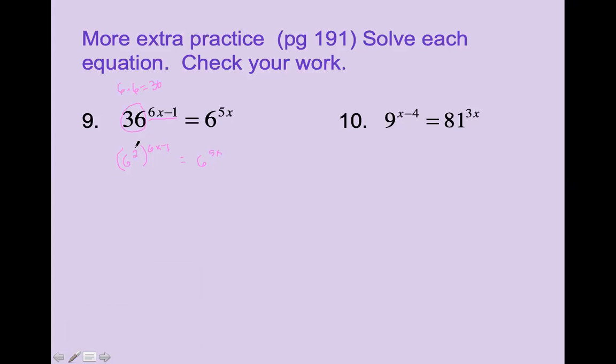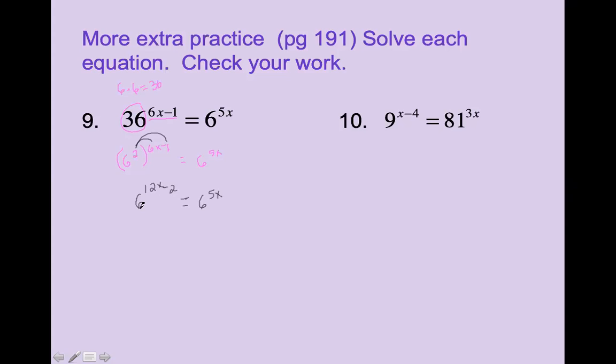So I'm going to multiply 2 times 6x and 2 times -1. I'm going to use the distributive property. So this side is going to turn into 6 to the 2 times 6x would be 12x, and 2 times -1 is -2, equals 6 to the 5x.